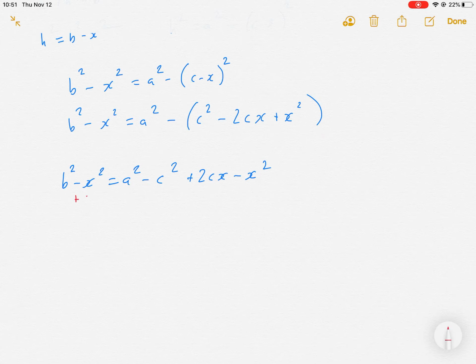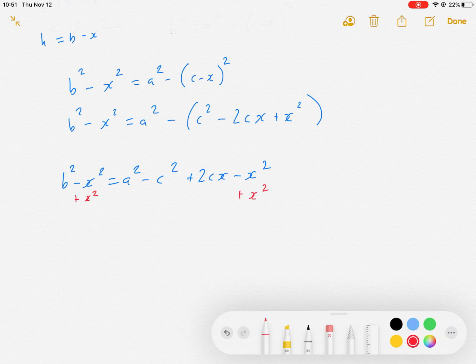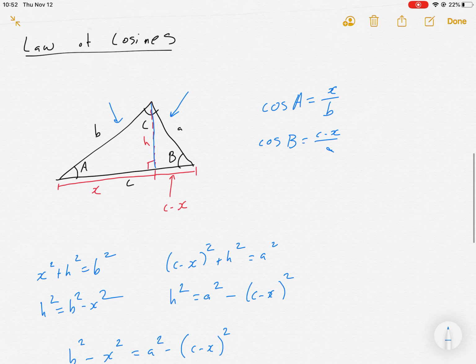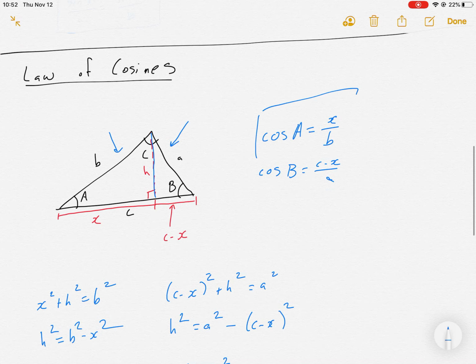Notice if I add an x squared to both sides, those will go away, so that's good. But I still have an x in my formula. That shows up right there. So here's where I'm going to go back to my original comment, and I'm going to take a look at this right here. Notice I could solve this for x, and that actually would remove any unknowns.